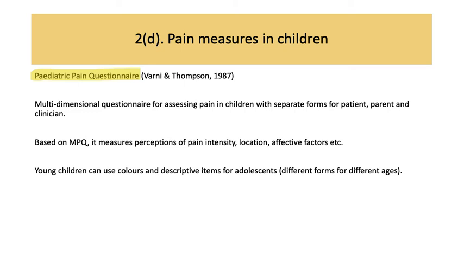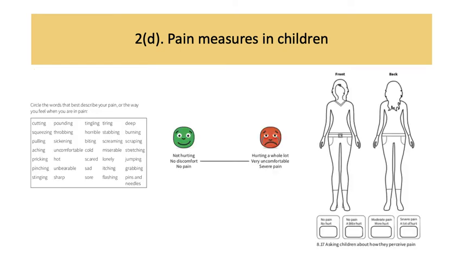Let's say like the MPQ just now first. First, they circle the words that best describe their pain. They have to pick 3. So let's say here: squeezing, horrible, grabbing.